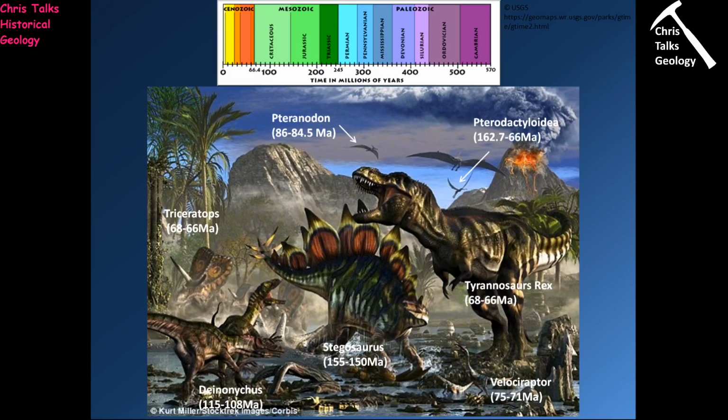I would be completely wrong, but based on a very superficial examination of the rock face, that could be the kind of conclusion you could come to. And this was one of the problems that faced early geologists. They just didn't understand exactly how much time the rocks they were looking at truly represented.